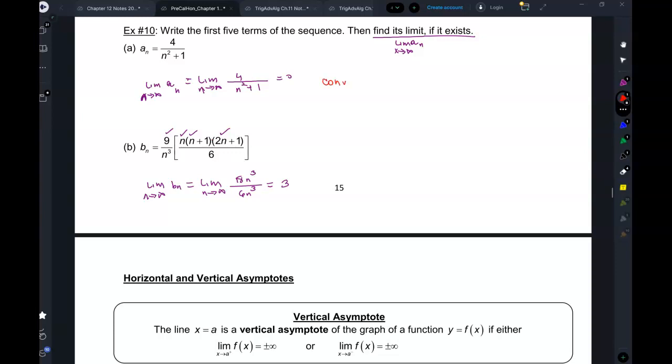So both of these converge. When it diverges, remember, it either goes to infinity or it'll be like DNE somehow.